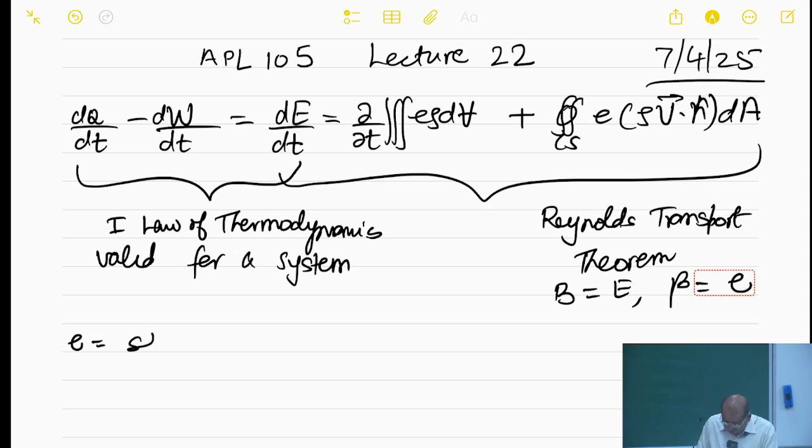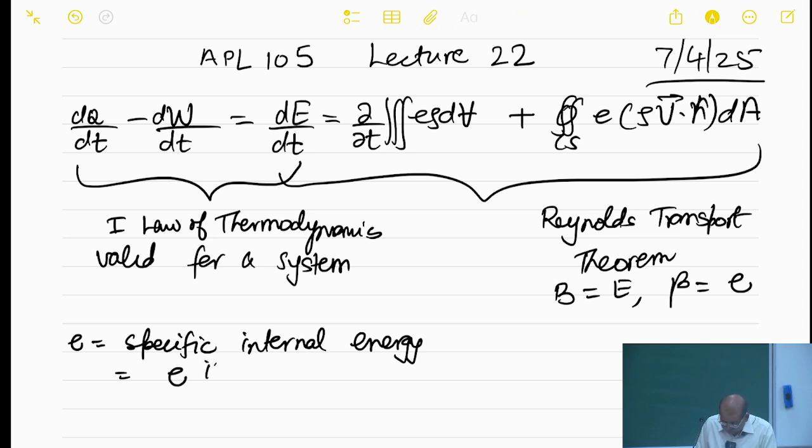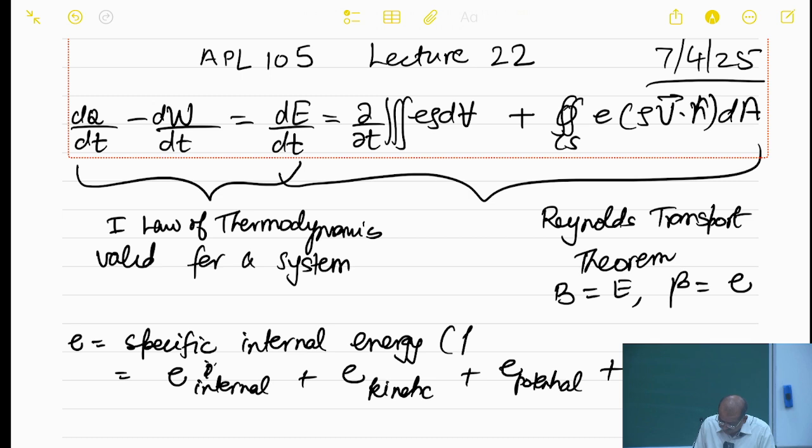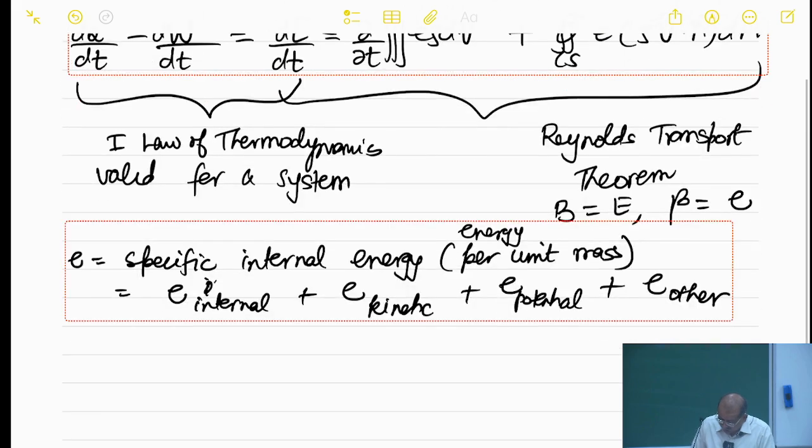Small e was the specific internal energy, and this is equal to E internal plus E kinetic plus E potential. These are the symbols for internal energy we use.